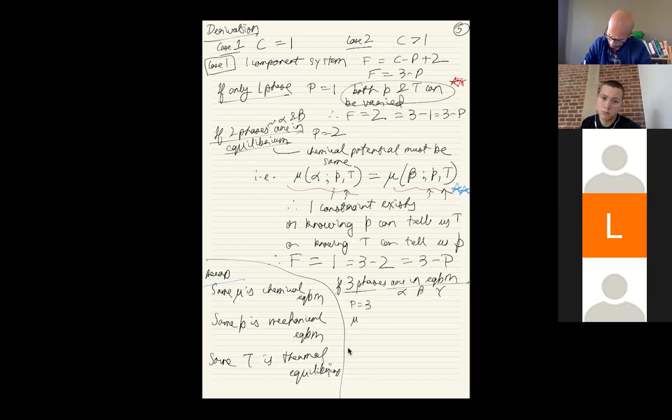We are going to say that mu, the chemical potential in phase alpha at any pressure and temperature, must be equal to mu in phase beta at any pressure and temperature, which must be equal to mu in phase gamma at any pressure and temperature. So we have two equations here, equation number 1 and equation number 2. We have two constraints. What does this mean about F? It means that F is now going to be 2 minus 2 equal to 0.